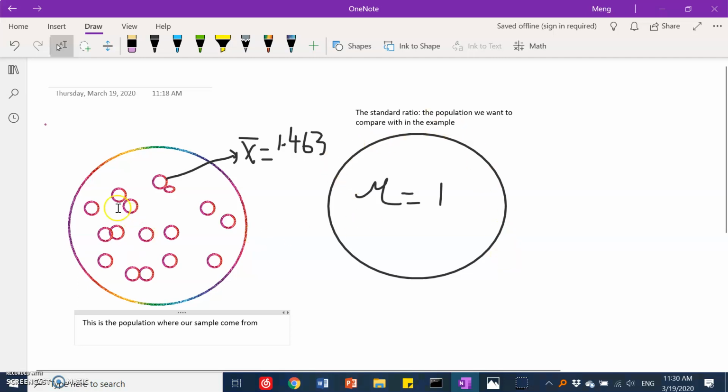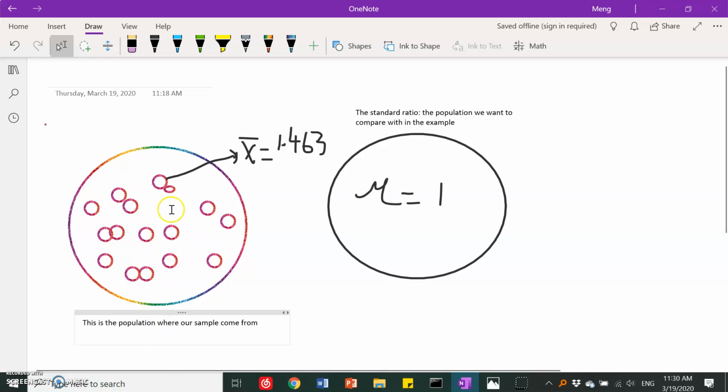And this colorful circle represents, let me talk about our sample first. So let's say this small circle is our sample, right? These 10 people, and we know the mean for this small sample is 1.46. And let's say this small sample is coming from a population, and this population has different samples in it.